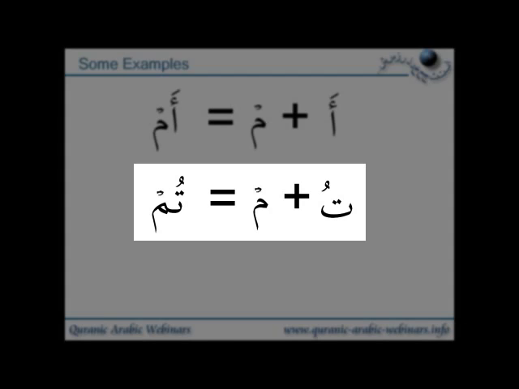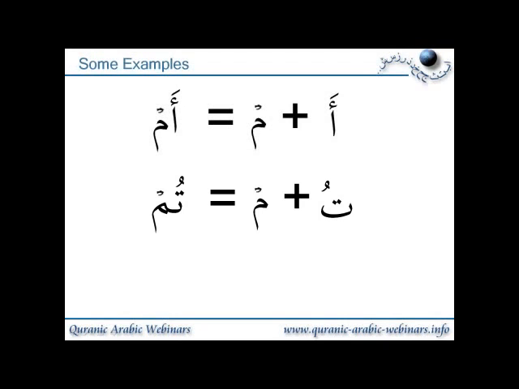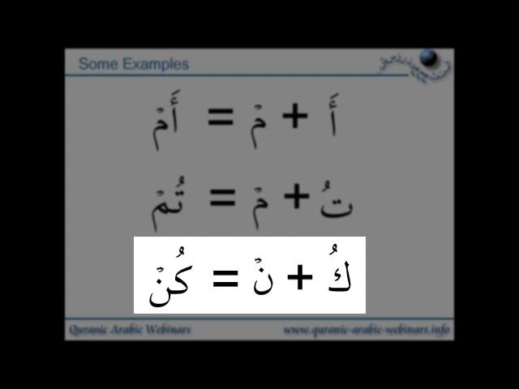So tu and then the m, tum. We have here kaf with dhamma, with the noon, with the sukoon on it. So the sound given is kun, i.e. we have ku and then the n of the noon giving the sound of kun.